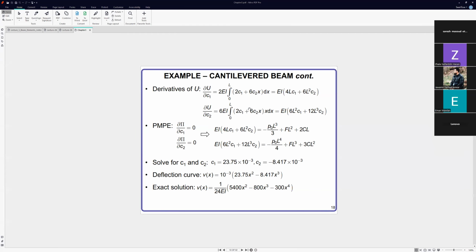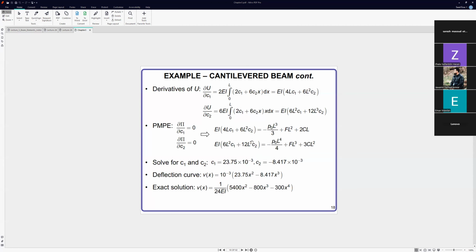We should make the integration first and then make the derivative with respect to C2. So now del pi over del C1 is equal to 0, this is the first equation. And this is the second equation.